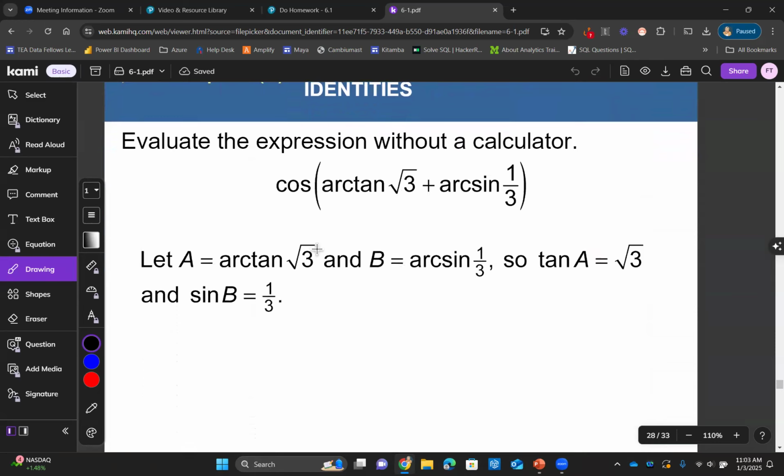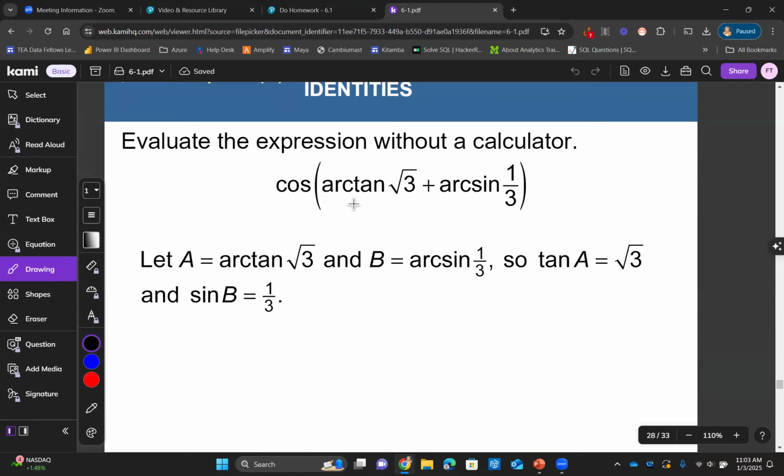They might even give you the questions in this format where you have more than one inverse tangent or inverse cosine value in the parentheses. So just call the first one angle A and call the second one angle B. If you call this one angle A, that means tangent of A is √3. And when you call this B, that means sine B is equal to 1/3.